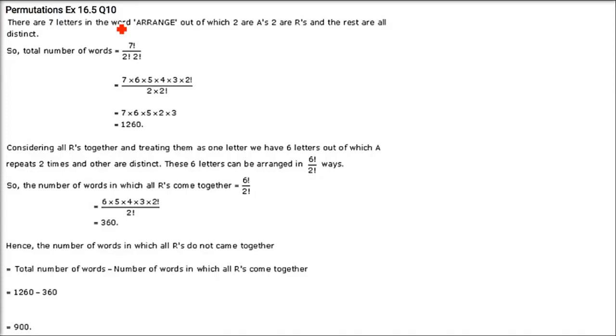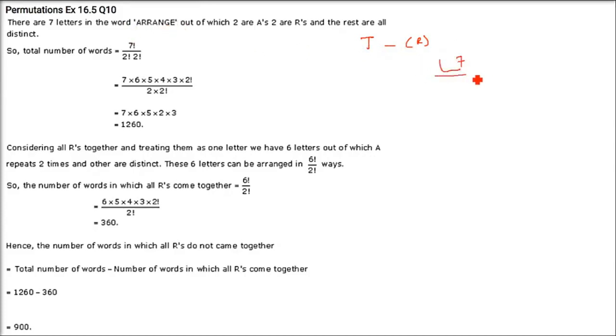In how many ways can the letters of the word be arranged so that the 2 R's are never together? So same thing we will do. Total we will find out, and then we'll say that R are together. If we subtract them, then we will get those formations where R are not together.